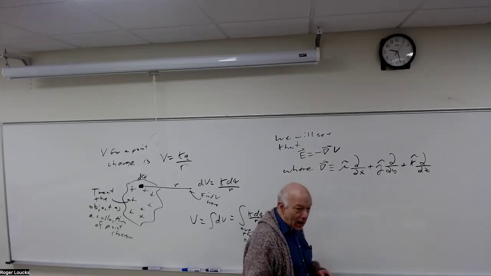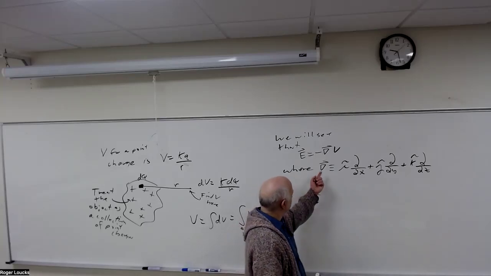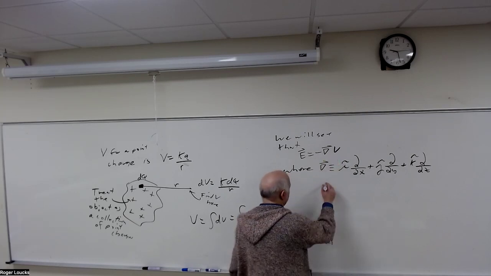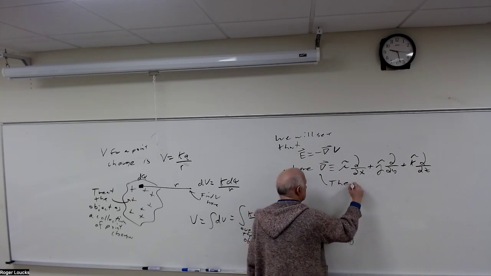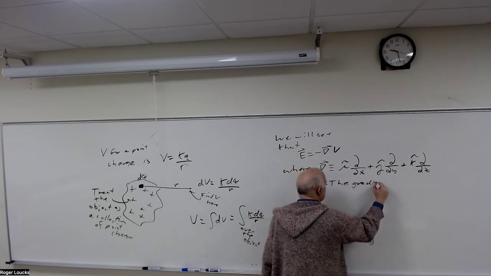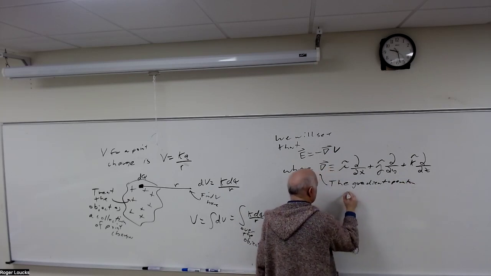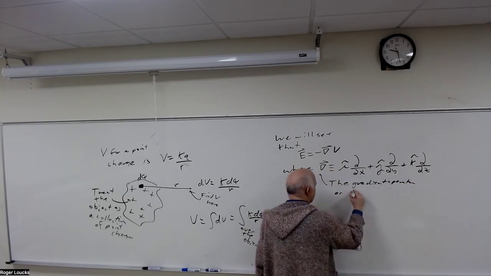Okay, so this is an operator, meaning it has to act on something, and in this case it's going to act on this phi. This is called the gradient operator. It's also sometimes called the del operator.